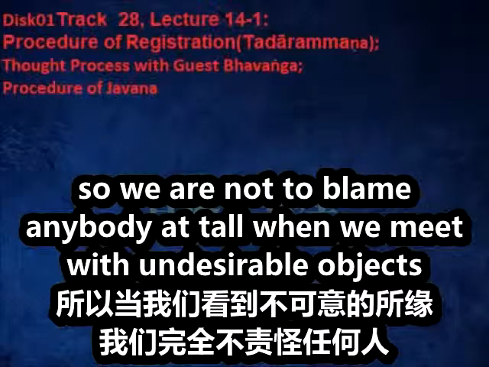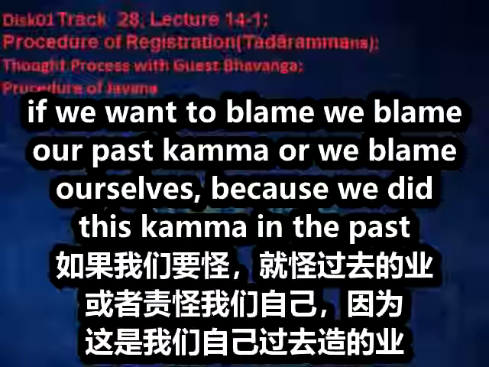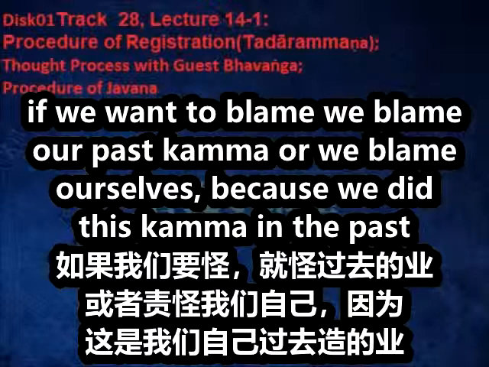So we are not to blame anybody at all when we meet with undesirable objects. If we want to blame, we blame our past karma, or we blame ourselves because we did this karma in the past.